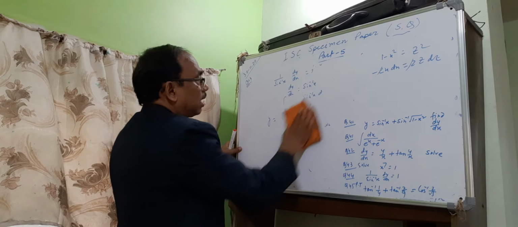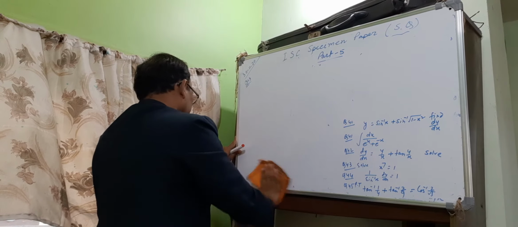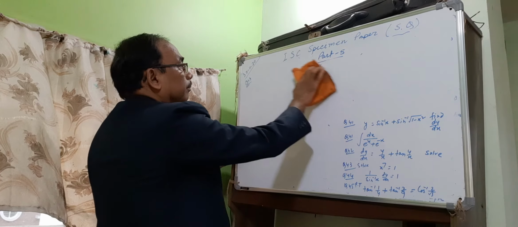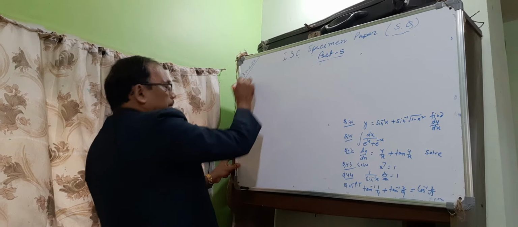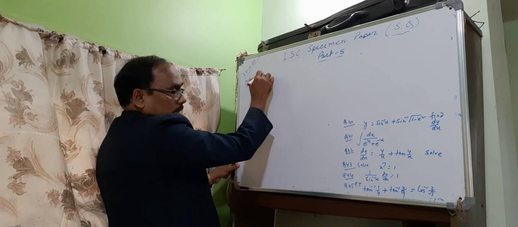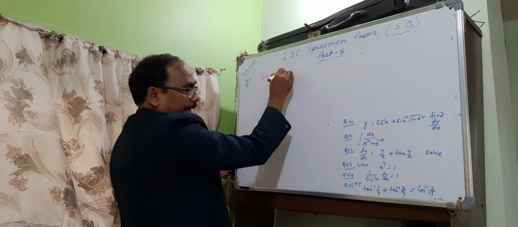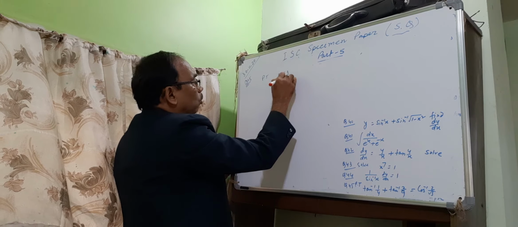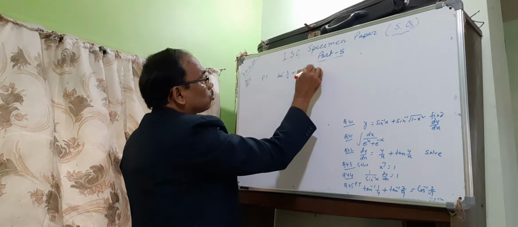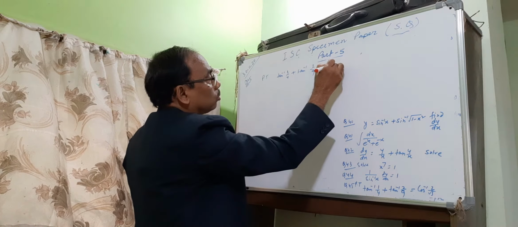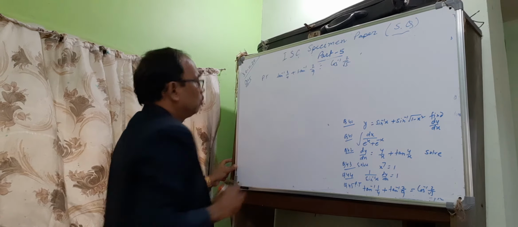Next, last sum, sum number 45, question number 45. Prove that tan inverse 1 by 4 plus tan inverse 2 by 9 equals cos inverse 2 by root 5.